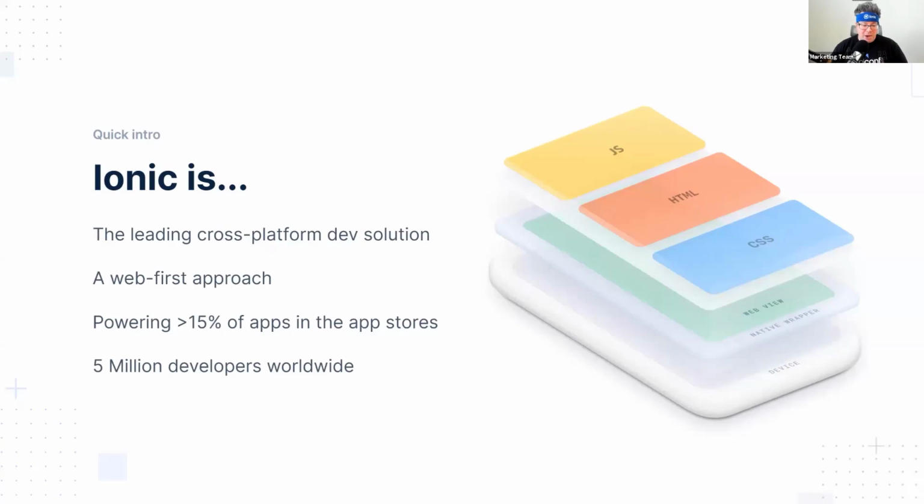Having been around for several years, we're powering over 15% of apps in the app stores and thousands upon thousands of apps that are in internal app stores or company-facing internal applications. So we run the gamut in terms of use cases across all industries and all different types of stores. As a result, we've got a great global community of over 5 million developers worldwide using Ionic and our tech. So really great stuff.